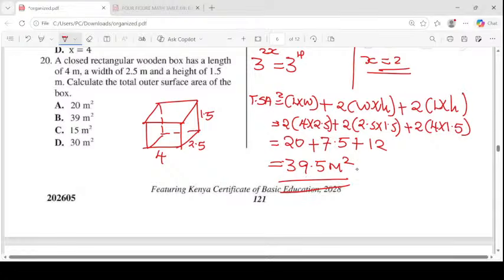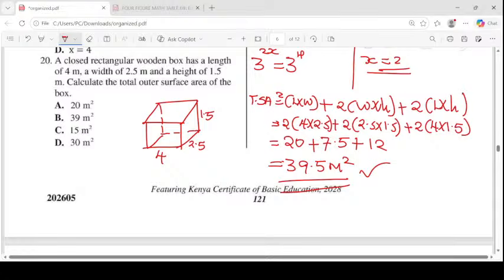Because we don't have the correct answer, maybe we could pick the closest answer to what we are having.